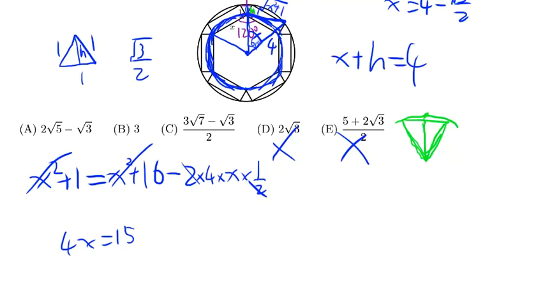Okay, now this is just getting ridiculous. 4x equals 15. What the heck? That's not an answer either. I need to draw this more clearly. Okay, this is not 60 degrees. That was not 60 degrees.